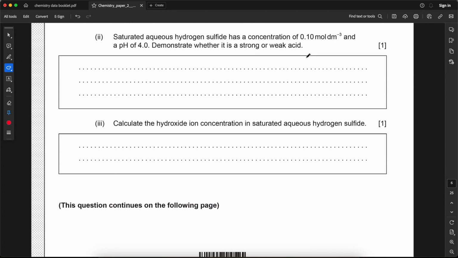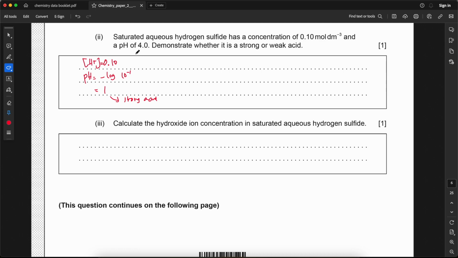Saturated aqueous hydrogen sulfide has a concentration of 0.10 mol dm^-3 and a pH of 4. Demonstrate whether it's a strong or weak acid. The concentration of H plus would be 0.10, so pH would be negative log of 10 to the power negative 1, which is 1. So if it's 1, it should be a strong acid, right?